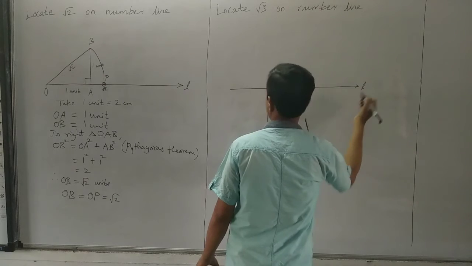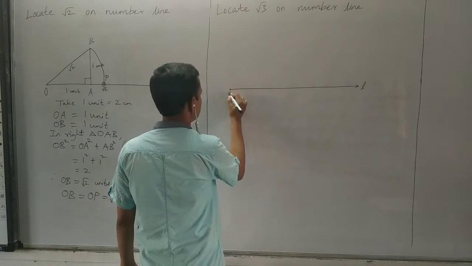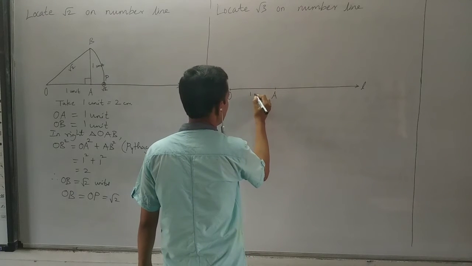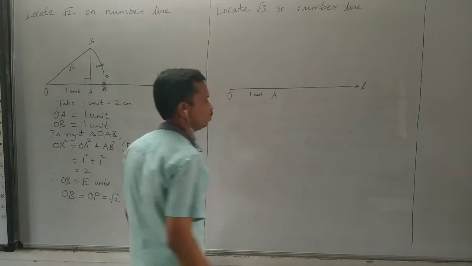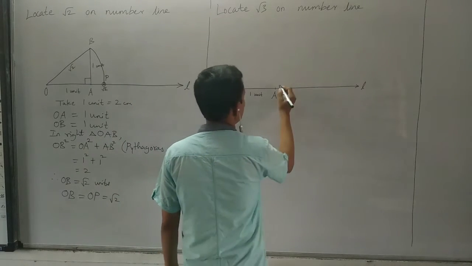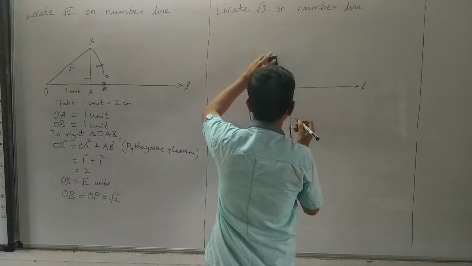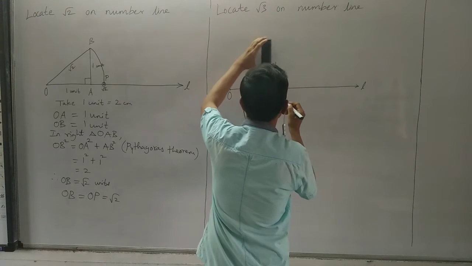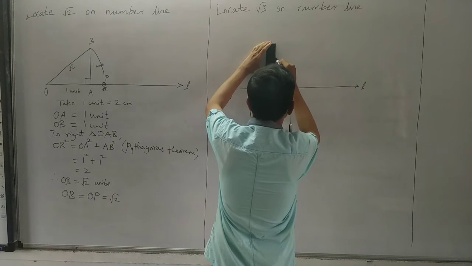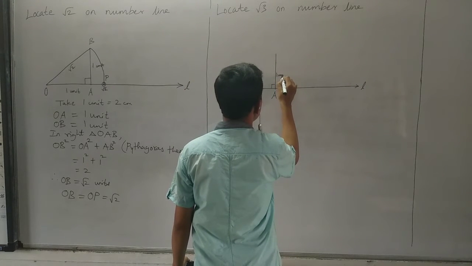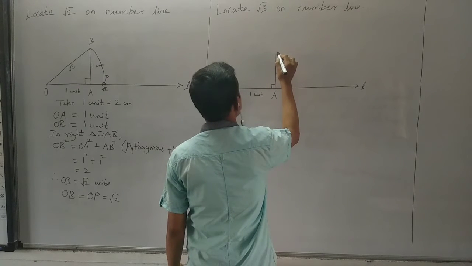Take the number line L and write it as O. Take 1 unit as A, OA, 1 unit, and we proceed the same way. Take a perpendicular. This also is 1 unit, and you join.